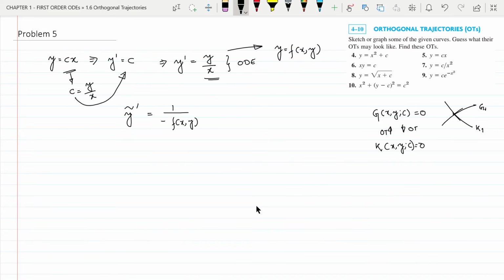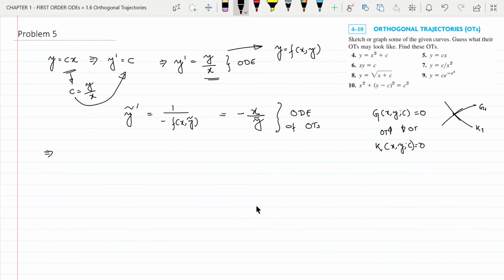Anyway, we will just invert it and take a negative symbol. So this will be minus x by y. Just take inverse of it and attach a negative symbol to it. Now, as we have discussed in the theory, we are not going to use y for the orthogonal trajectories. We are going to use y tilde. So here it will be y tilde and here also it will be y tilde. So these are the ODE for orthogonal trajectories.